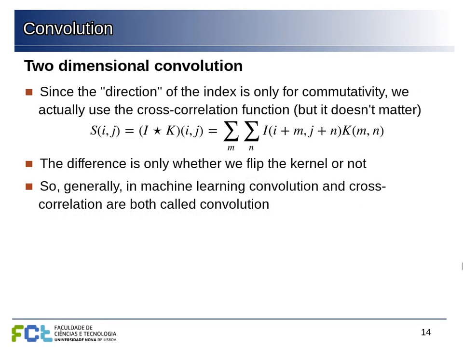We are starting on coordinate i and j. For example, for an image, which is a two-dimensional input, we start at some particular pixel of an image with this coordinate, and now we're going to compute the sum of the products of each value on the image and the corresponding position on the kernel, and we're going to do that for the whole size of the kernel.